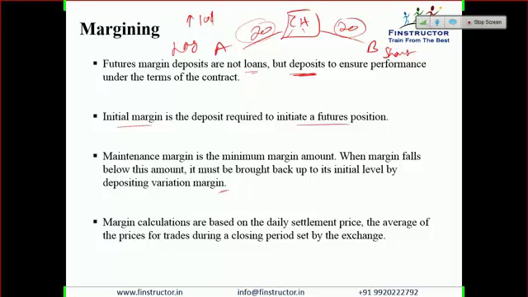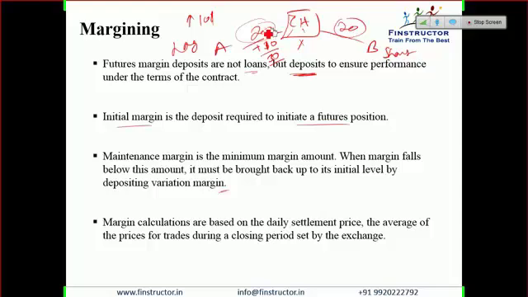So who has gained? A or B? Long means he'll buy at a fixed price of X and B will sell at a fixed price of X. If the asset price goes up, the long has gained $10. So the long's account or margin balance has become 20 plus 10, $30.